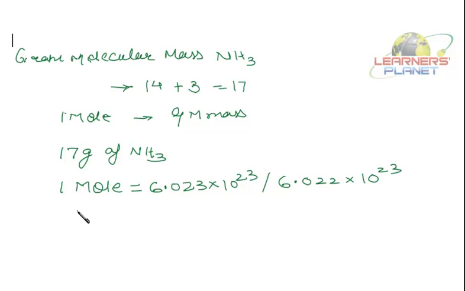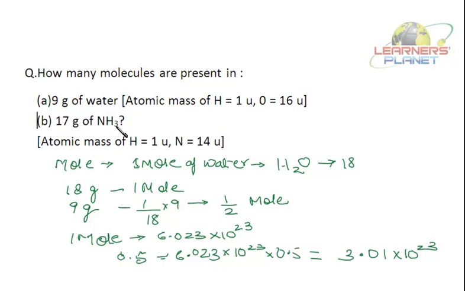So 17 gram of ammonia will have how many molecules? It will have 6.022 into 10 to the power 23 particles.